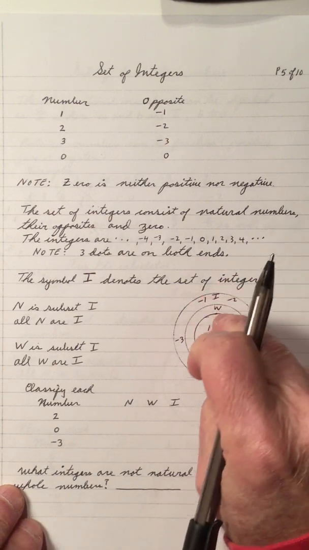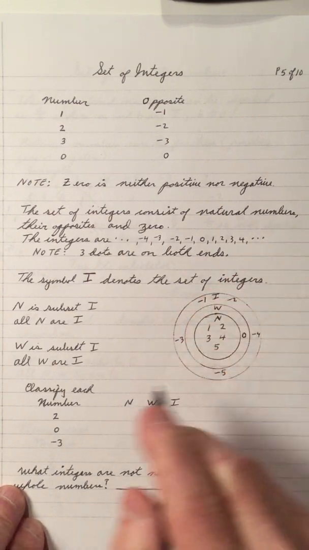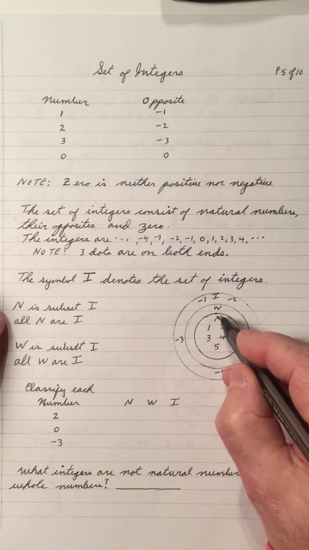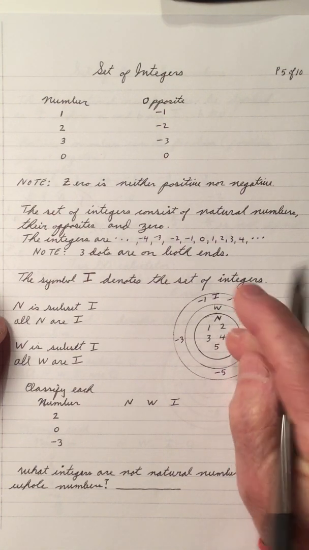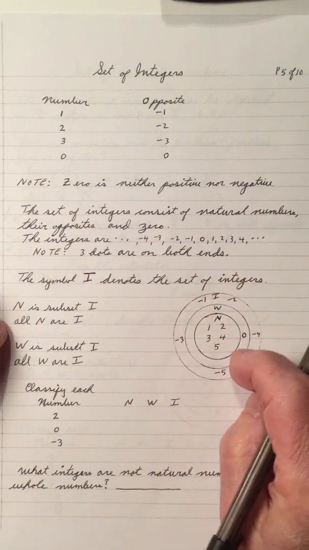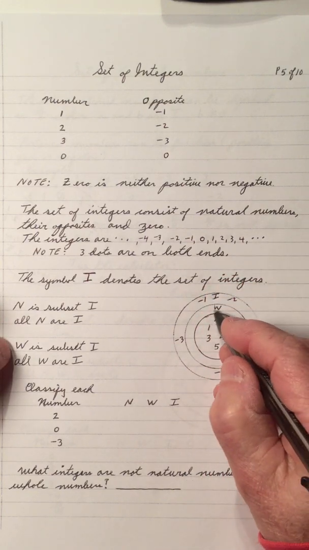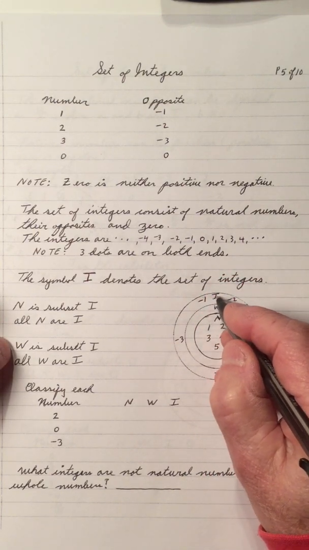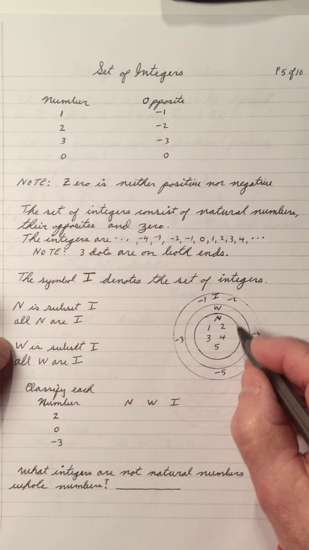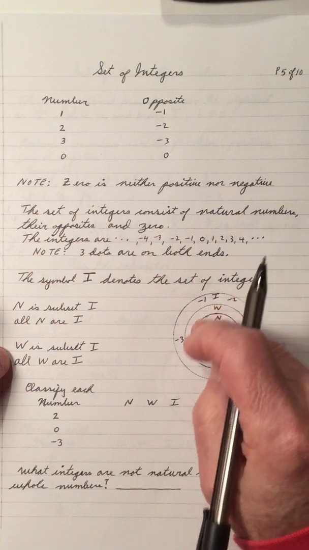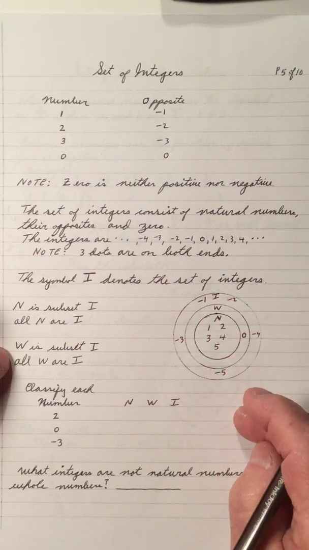So the negative numbers are not natural or whole. So the natural numbers are a subset of the integers. All natural numbers are integers. The whole numbers are inside the integers, inside this outer circle. So the whole numbers are a subset of the integers.